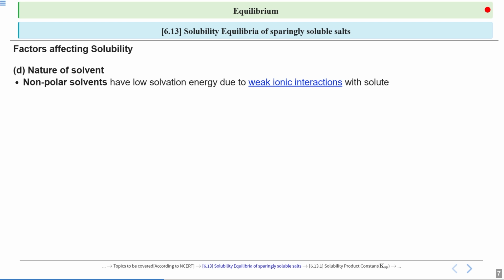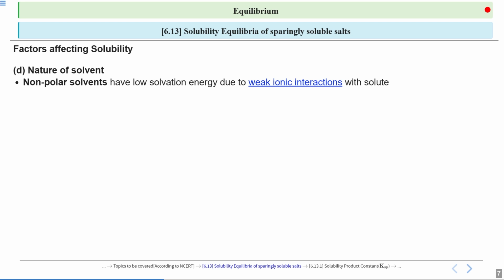Overall, it is neutral. But inside the bulk, there would be partial negative and partial positive character. But if your solvent is non-polar, then that interaction would not be possible. And due to this no-interaction situation, we will see that ionic solids are less soluble in non-polar solvents.